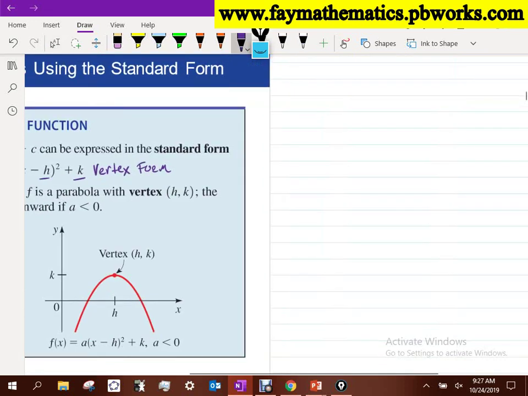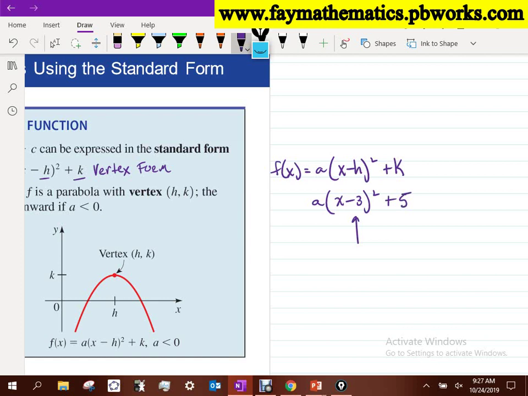Now, Blaise asked, if I look at this, it said f of x is equal to a times x minus h squared plus k. Okay, so let's put some numbers in here. I don't care what a is. If I go x minus 3 squared plus 5, what is the actual vertex? If I understand transformations, it's taking this thing, x squared, and moving it which direction first?